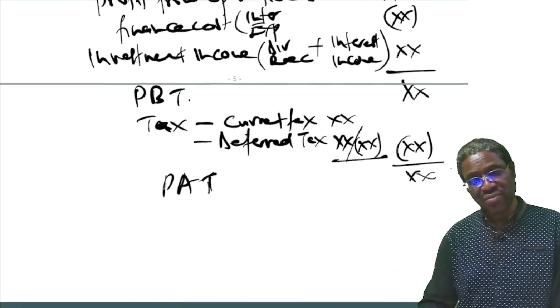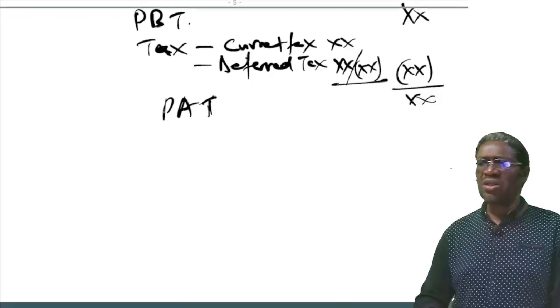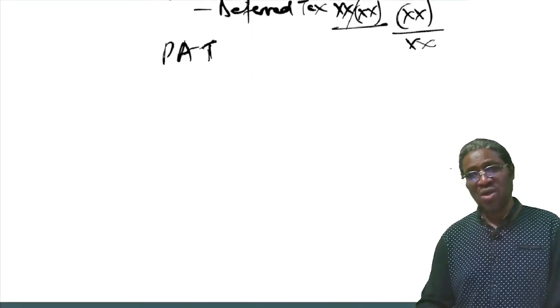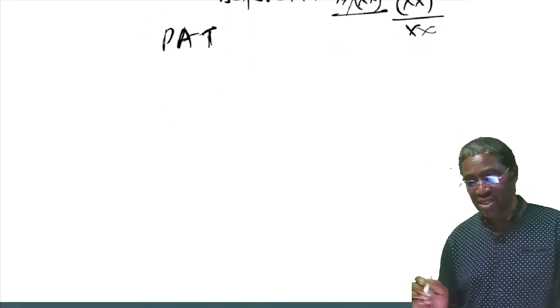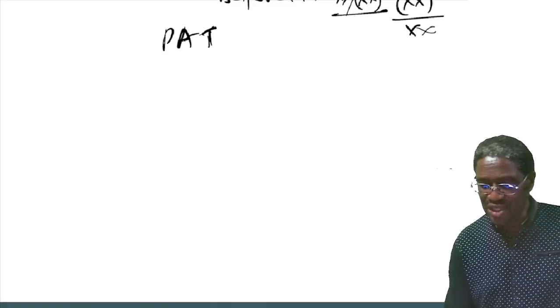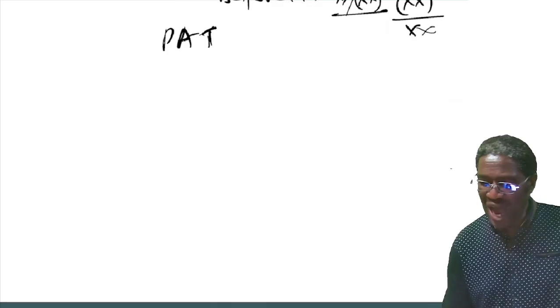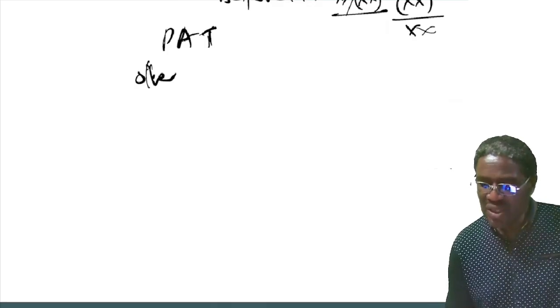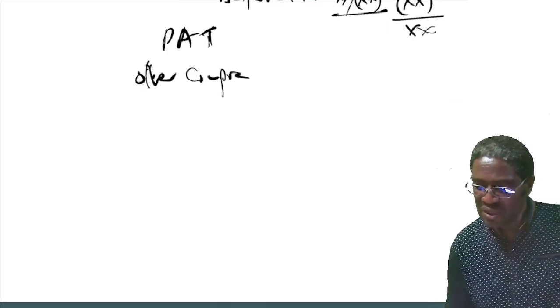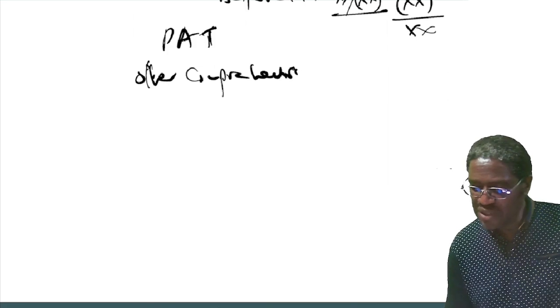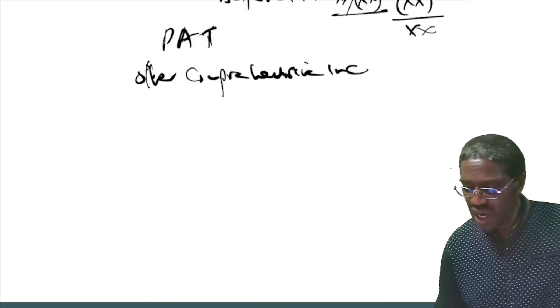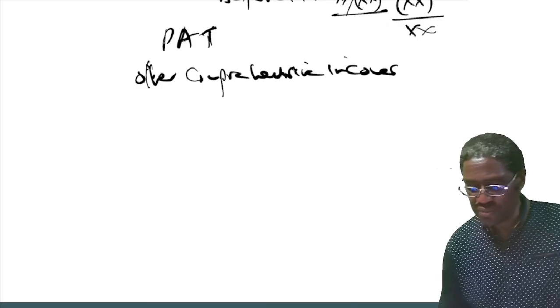Now listen. Once you get the profit after tax, it is at this point that you come and now show what we call other comprehensive income, other comprehensive incomes.